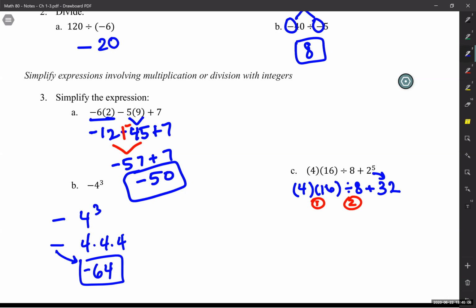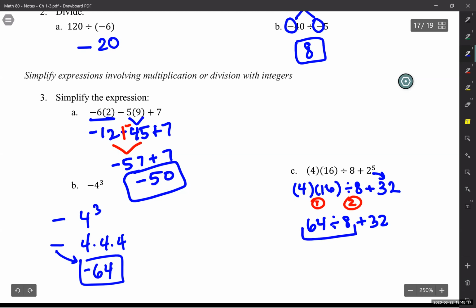So 4 times 16 is 64. Then I will divide by 8 because that comes second. And finally, there's only one more thing to do, which is add. There's actually no negatives in this problem at all, but we're just getting a little more in-depth into our order of operations problems.